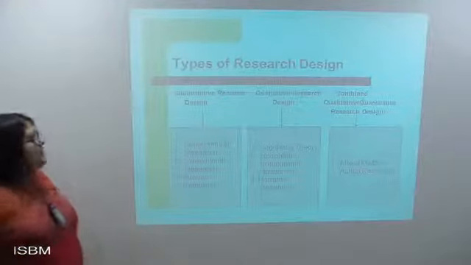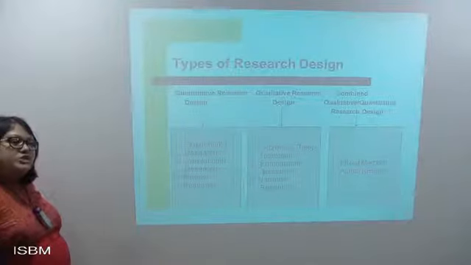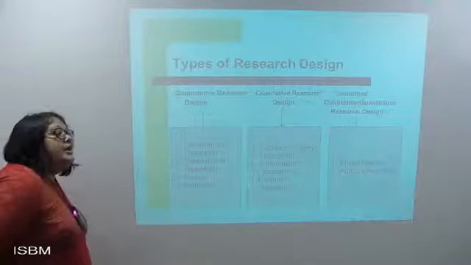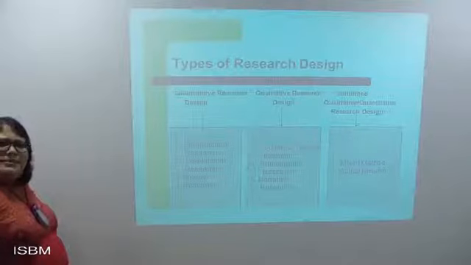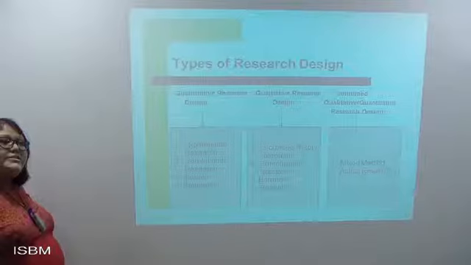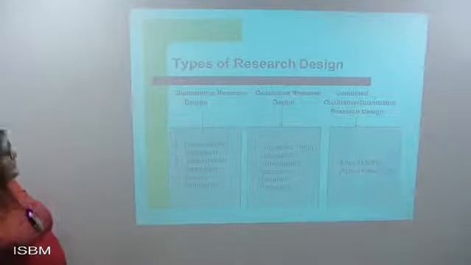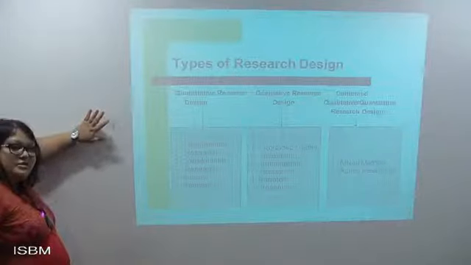So in negative correlational research, again we try to establish a relation between two variables which might not be directly related to each other, but because the factors can be clubbed together, you try to establish a correlational research.